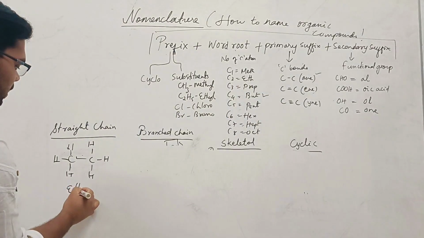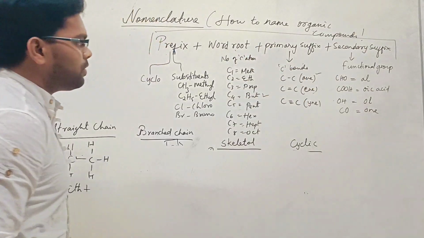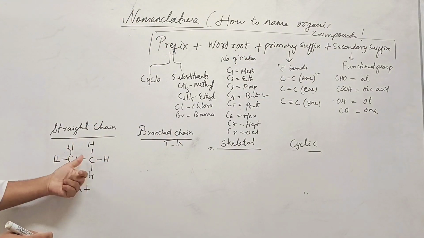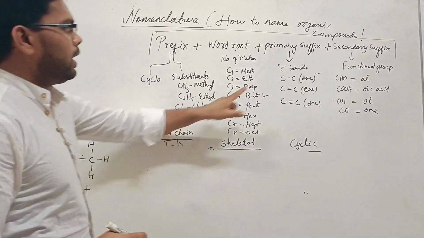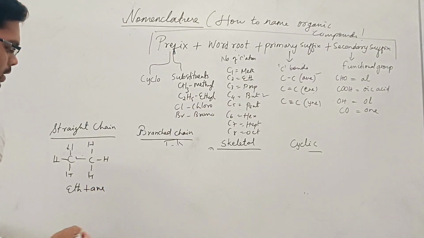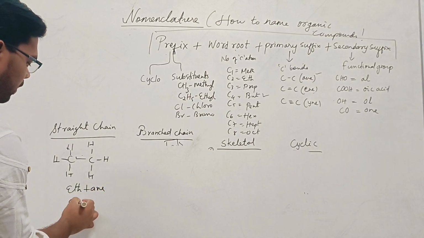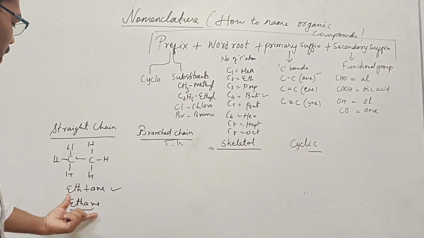So you write eth. Now come to the primary suffix, which means how carbons are bonded. Carbon is connected with a single covalent bond, so we write ane. Simple. So this name will be ethane. Just add together and write it.